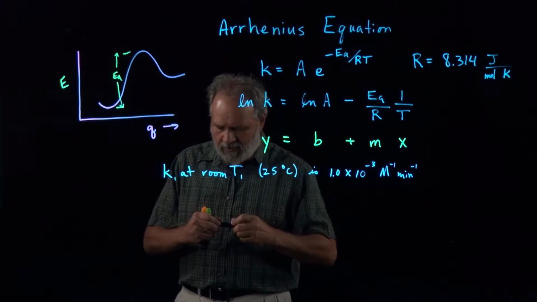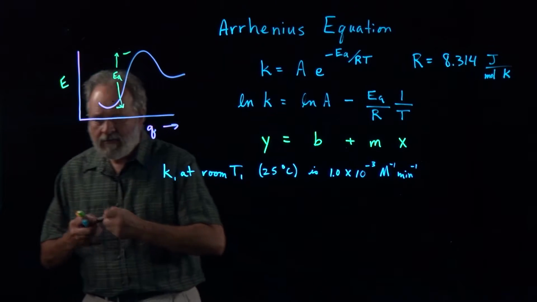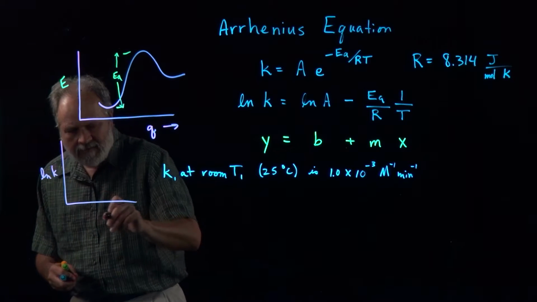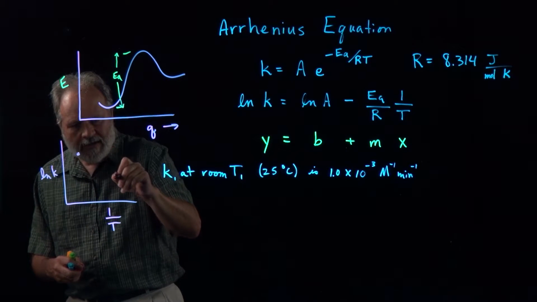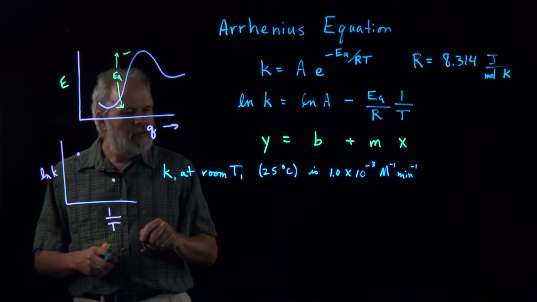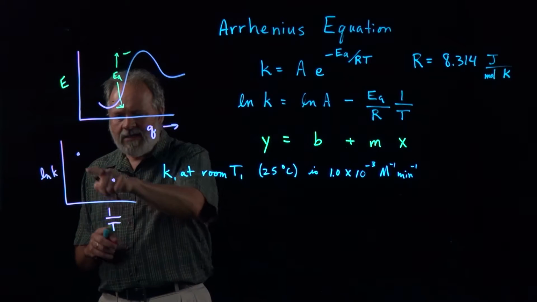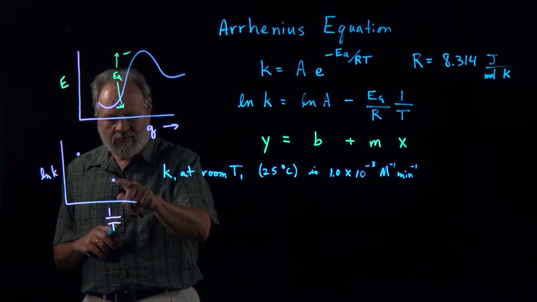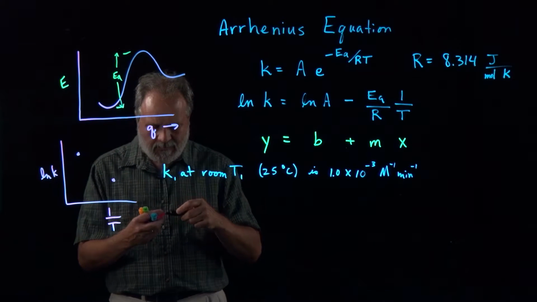Okay, and so what we're going to do is we're going to look at or consider a plot of natural log of k versus 1 over temperature. That will be 1 point, and there will be another point. Okay, so this will be log of k1 and T1, 1 over temperature 1, and then this will be natural log of k2 and 1 over temperature 2.